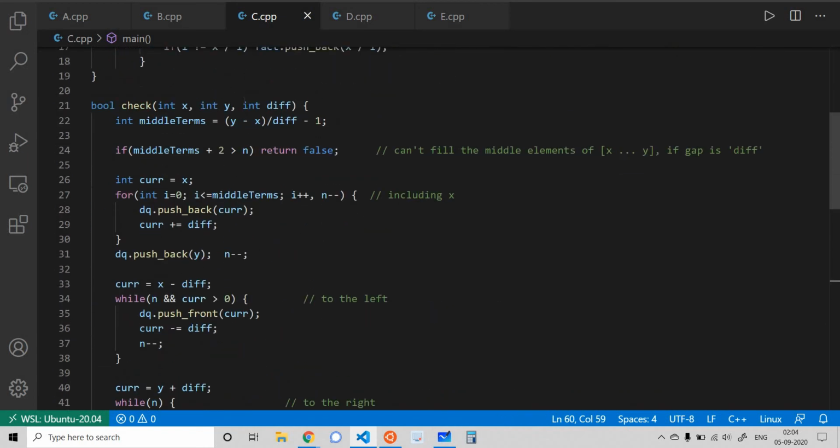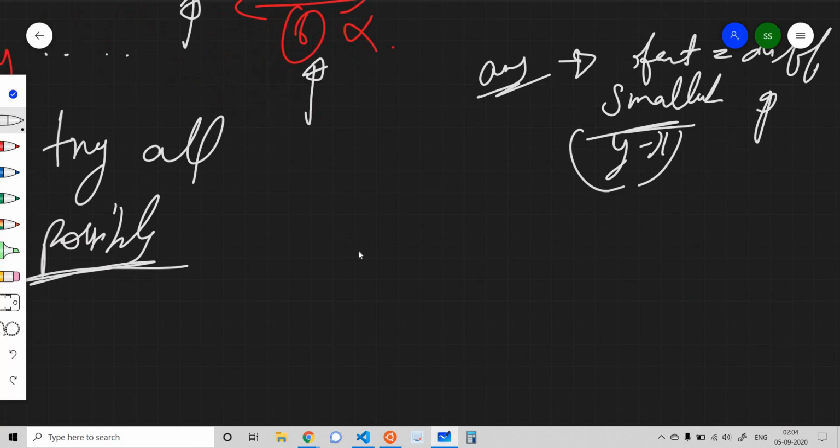Now this is the difference which I'm currently checking, that is the difference between adjacent elements I'm allowed to have. I see the number of middle terms I would be placing if the difference between adjacent elements is this div, and that can be found out using this equation. Let me give you one example as well.